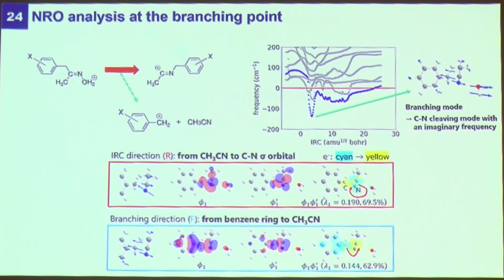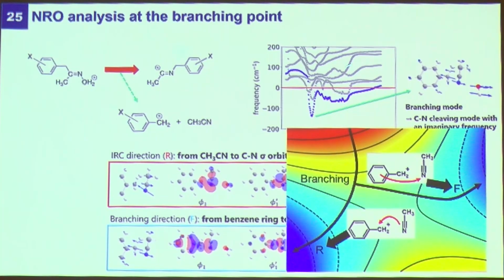So electron flow from the benzene ring to the CH2N2 part, because this tried to escape, dissociate, and now it is cationic, so it should be neutral. Okay. So this NRO analysis can be applied along the IRC, but for any geometrical displacement, we can apply it. So bifurcation can be analyzed based on electron flow.